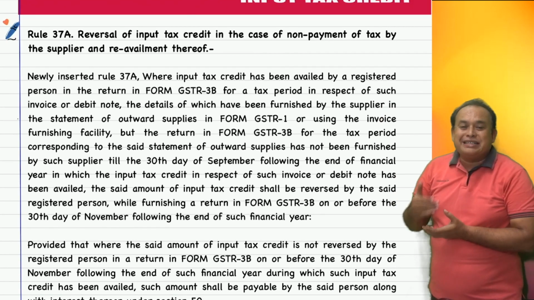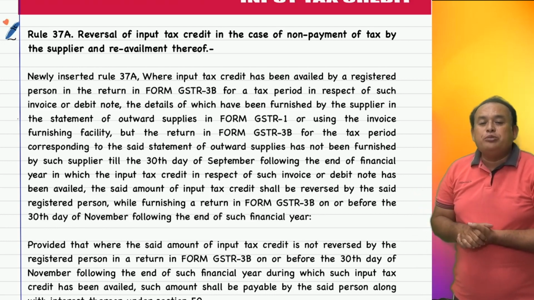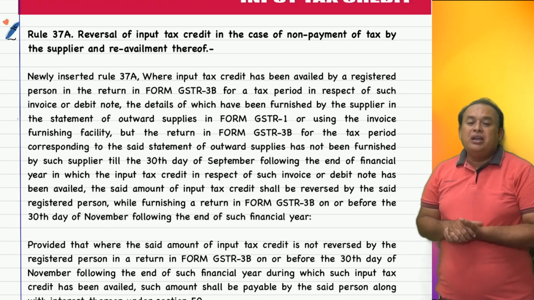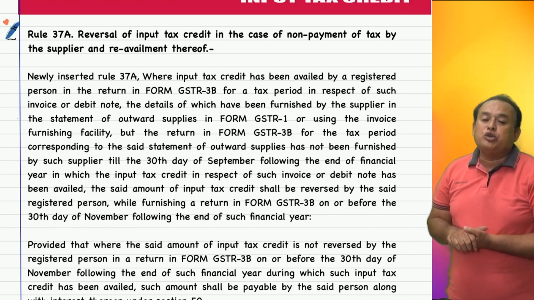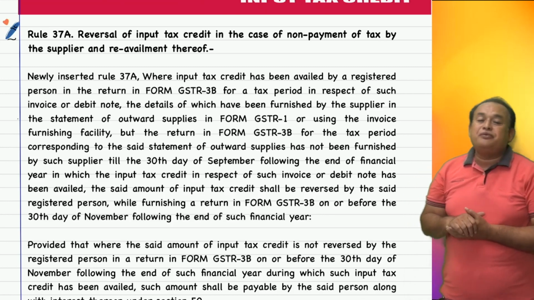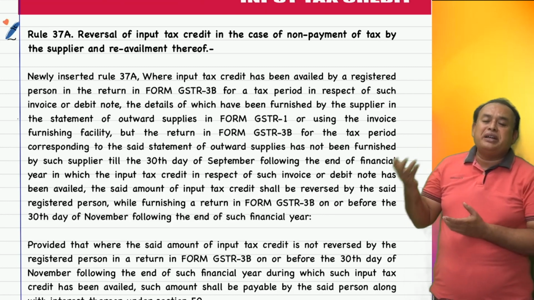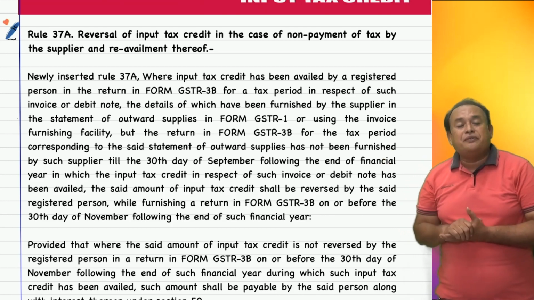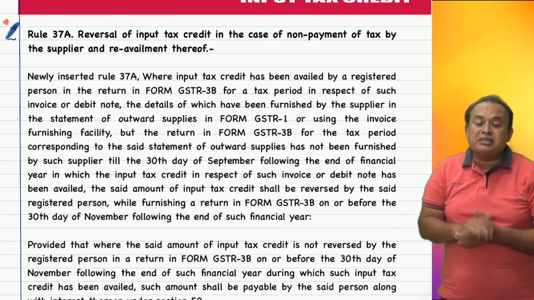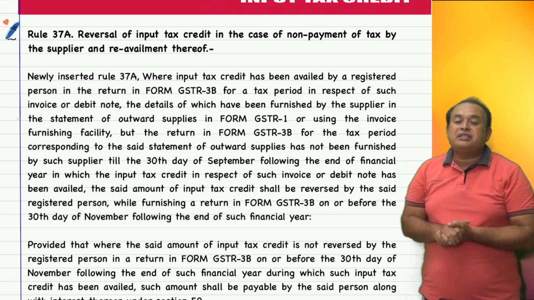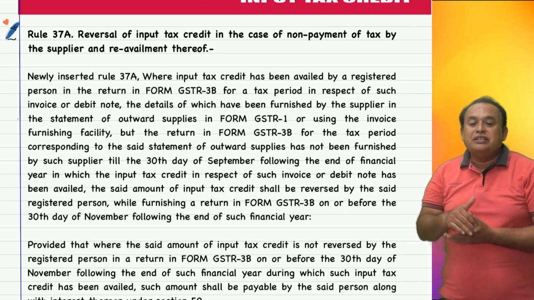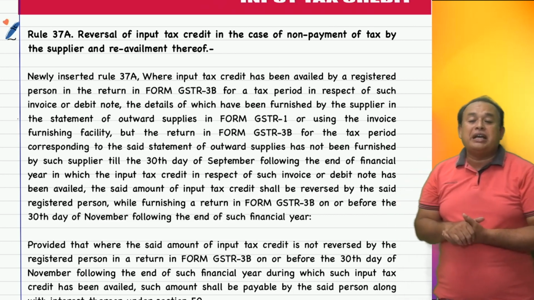As per this newly inserted rule, rule number 37A, where the input tax credit has been availed by a registered person in the form GSTR 3B for a tax period in respect of such invoice or debit note, the details of which have been furnished by the supplier in the statement of outward supplies in form GSTR 1 or using the invoice furnishing facility, as the case may be, but the return in the form GSTR 3B for the tax period corresponding to the said statement of outward supplies has not been furnished by such supplier till the 30th day of September following the end of the financial year in which the input tax credit in respect of such invoice or debit note has been availed.